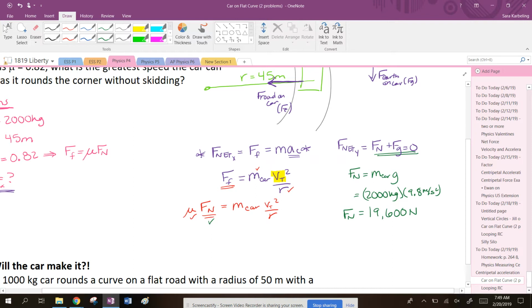We're going to do some algebra to get our velocity all by itself. So I've got mu Fn. I'm going to multiply by r on both sides to get rid of this r down below the Vt, so I'm going to have an r on the top. And then I'm also going to divide by the mass of the car.